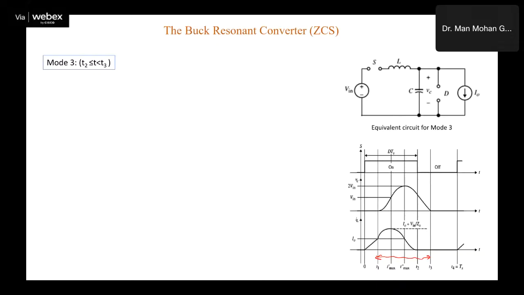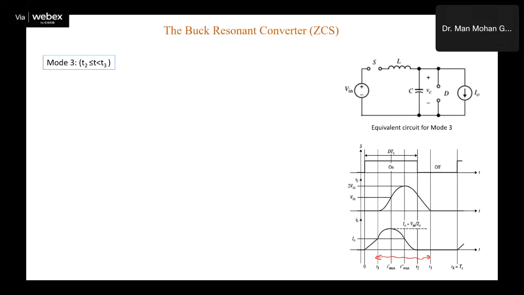Now after this, your diode will turn on, and this diode will carry this I naught. No current will be coming from this capacitor or this inductor. This diode will carry the current. It means if you see your original buck converter circuit, then now the current in the circuit is due to original buck converter, not due to L and C.